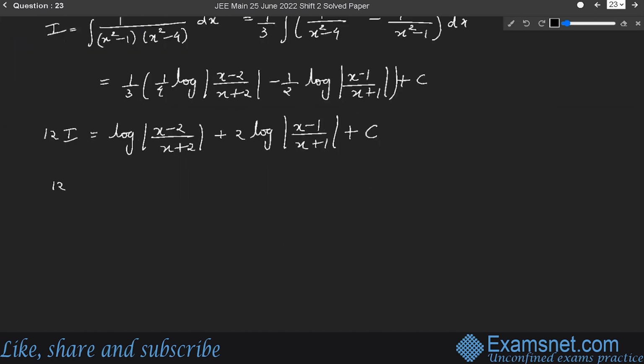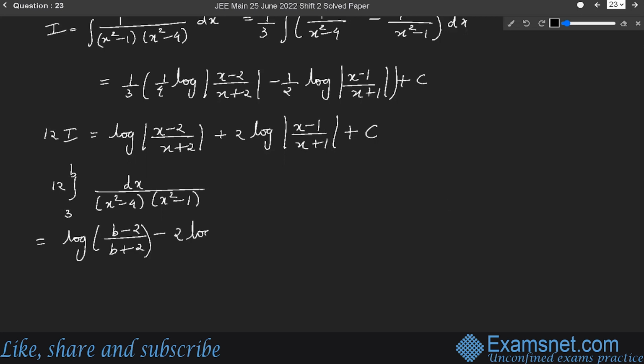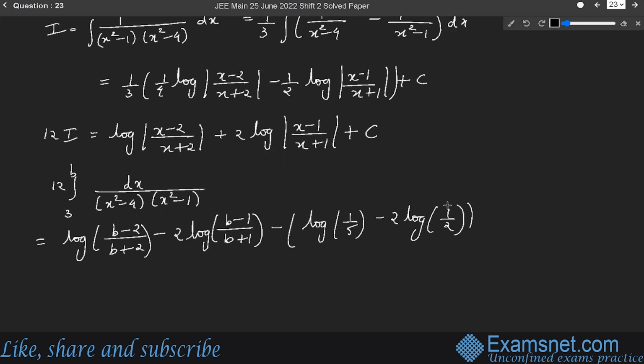Therefore, 12 integral 3 to b dx divided by (x square minus 4)(x square minus 1) will be equals to log of (b minus 2)/(b plus 2) minus 2 into log of (b minus 1)/(b plus 1) minus log of 1 by 5 minus 2 into log of 1 by 2.